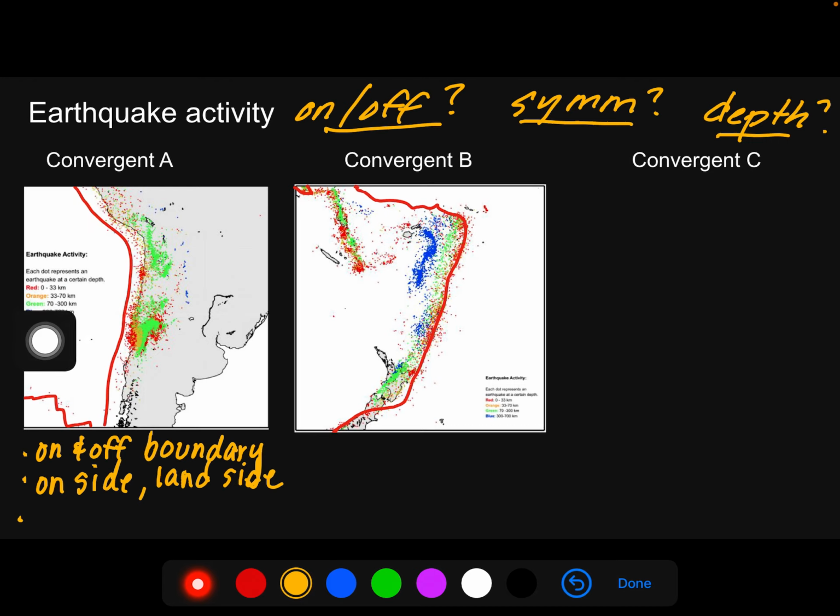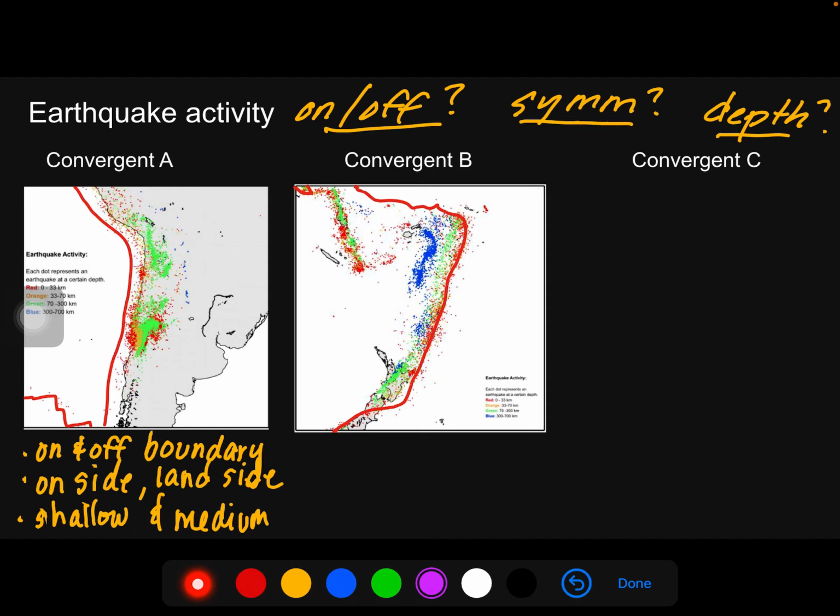We definitely have a plethora of orange and green, which is medium. We have very few blue. So I'm going to list out majority are shallow and medium. So that information should all be recorded in your table for Map A, earthquakes.